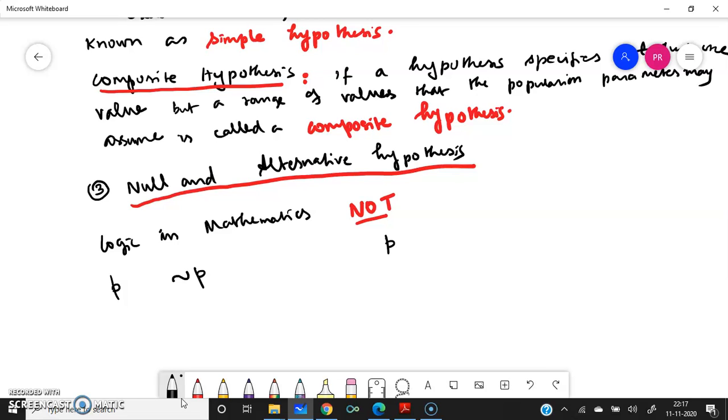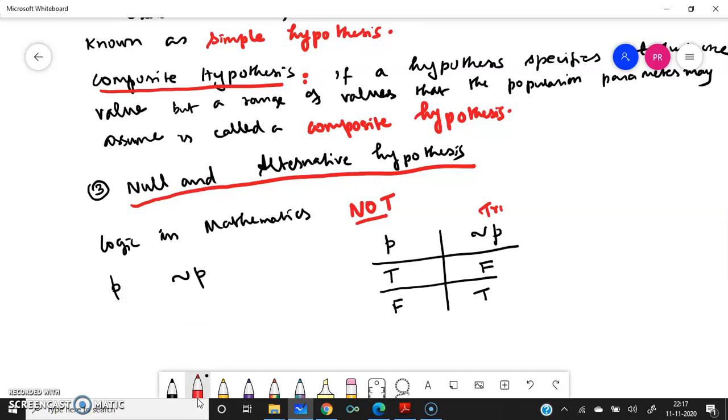So what is the truth table? I am drawing the truth table. If P is true, then not P will be false. If P is false, then not P will be true. So this is known as the truth table.